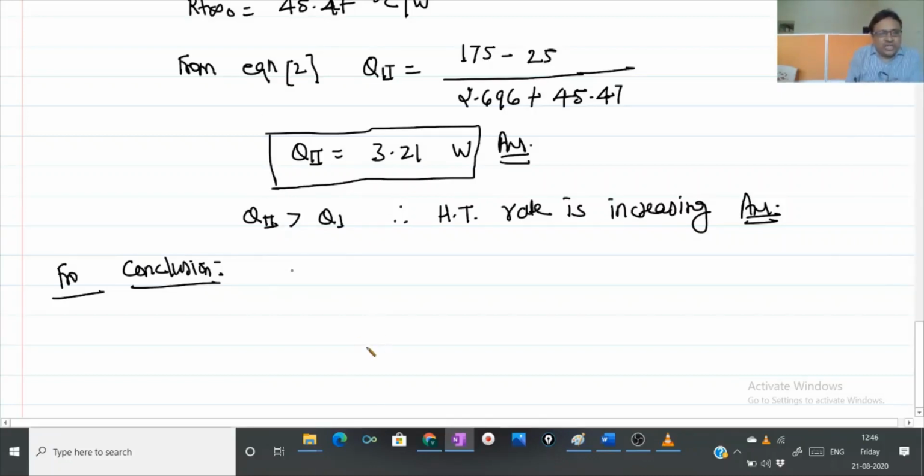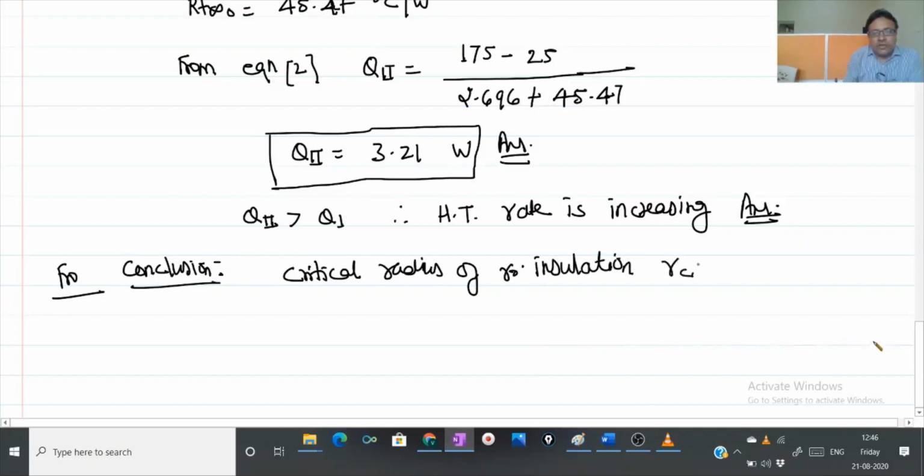So first let us calculate the critical radius of insulation. And for cylinder, it is K over H infinity O. Thermal conductivity of insulating material is given as 0.6.